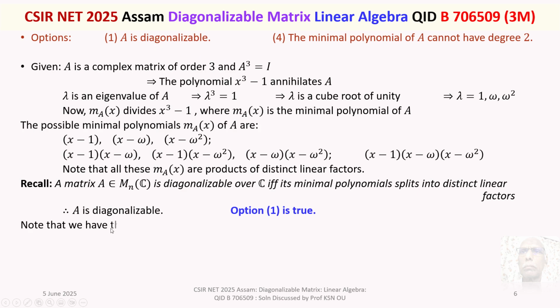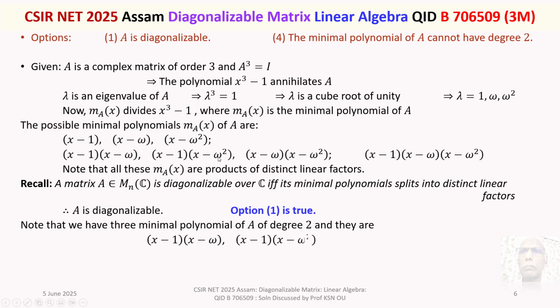Now, note that we have 3 minimal polynomials of A of degree 2, and they are x minus 1 into x minus omega, x minus 1 into x minus omega square, and x minus omega into x minus omega square. These are the 3.